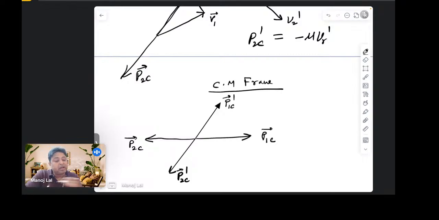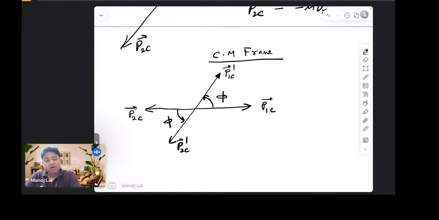So the vectors are equal and opposite in the center of mass frame. Means the angle through which P1C is rotated or turned, I say, is phi. Then the same angle phi is what P2C will turn. And this is in the center of mass frame.